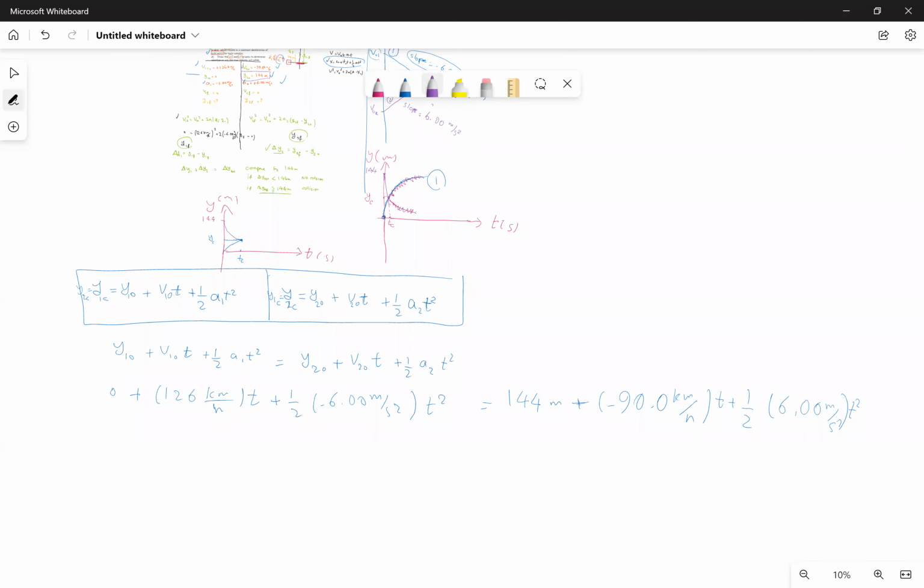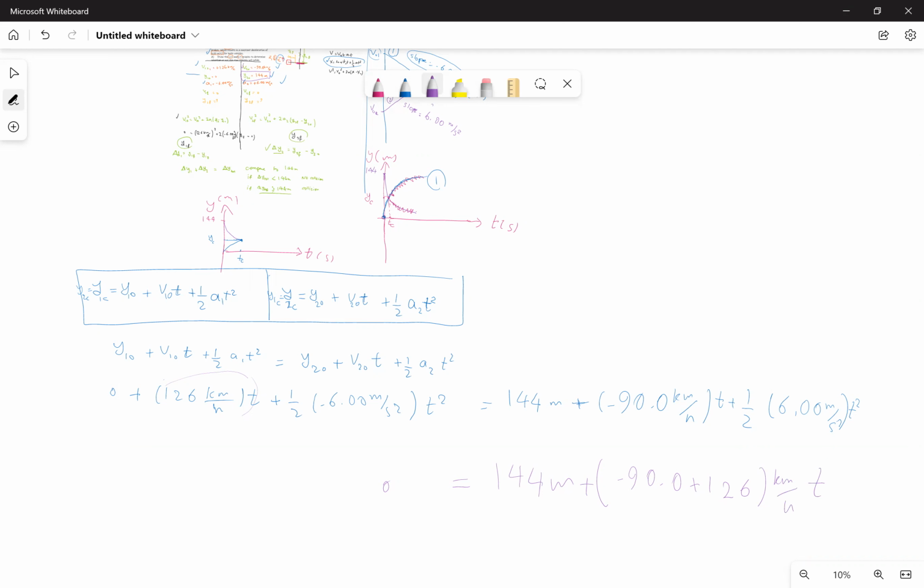If I move over everything to the right-hand side, I will have 144 meters, and here plus negative 90 kilometers per hour times t. And if I move this 126 kilometers per hour to the other side, I will have negative 90.0 plus 126, everything in kilometers per hour times t.